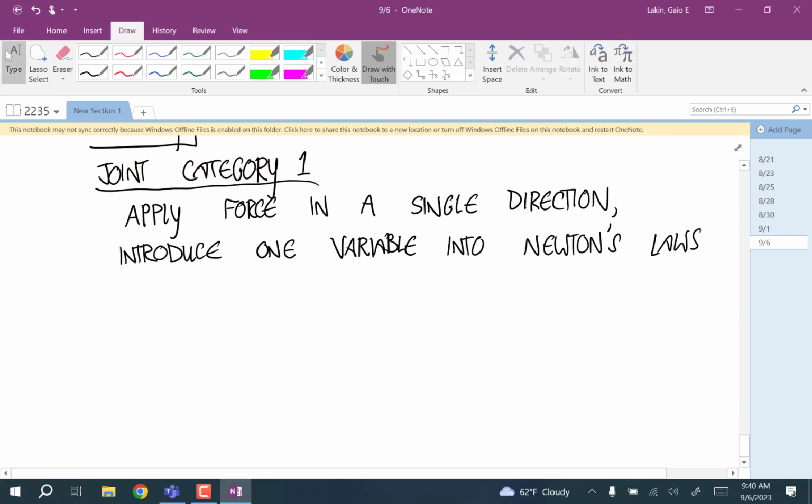Well, there are a few of these. One is a contact without friction, and we've already seen that in our particle statics.